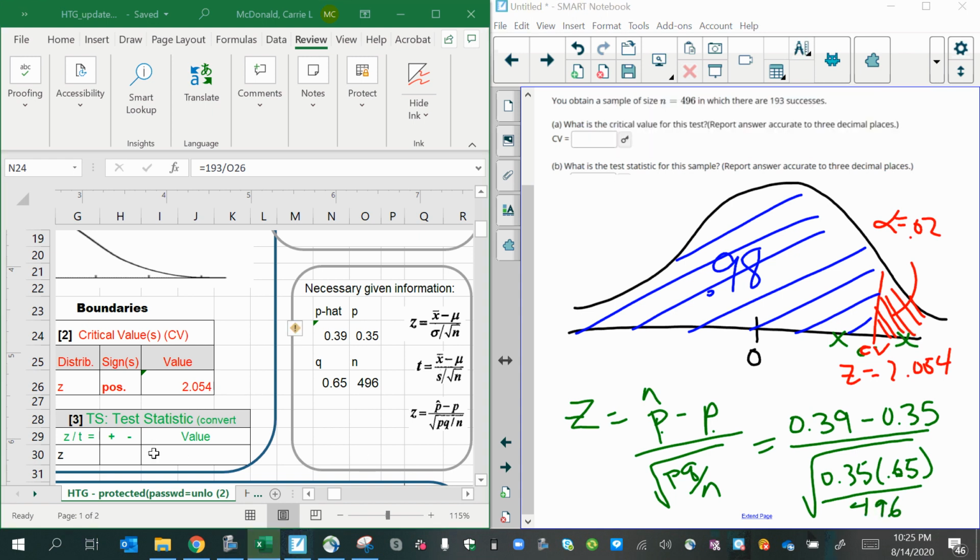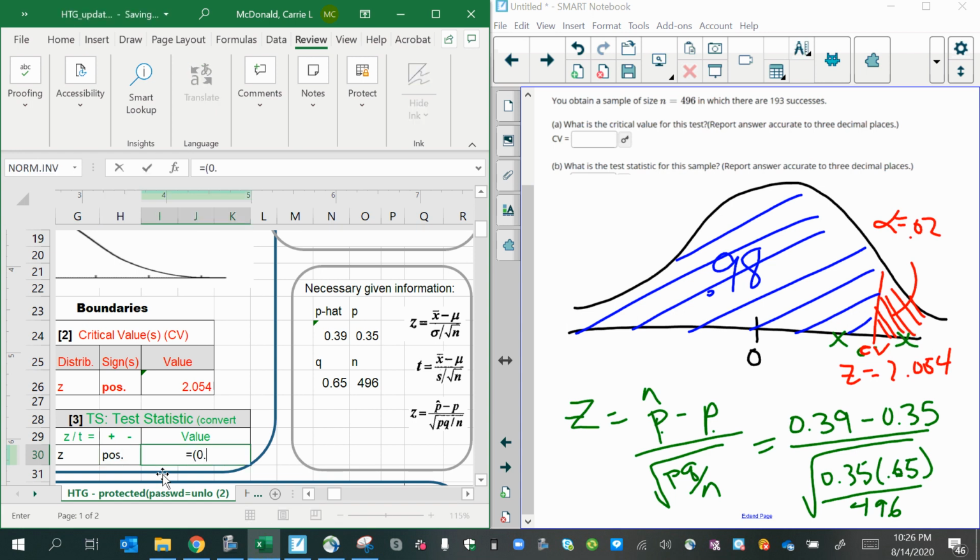All right, so I'm going to do that in here. And I'm expecting this to be positive because 0.39 is to the right of 0.35. It's greater. Okay, so we have a positive.